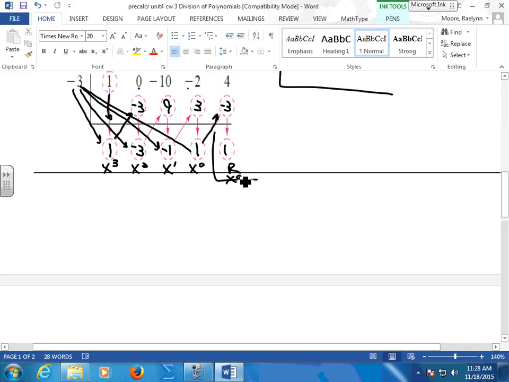So here's my answer. 1x cubed minus 3x squared minus 1x plus 1, and a remainder, we're just going to say, make this into a fraction, plus 1 over, I divided by, x plus 3. I like to put these guys in parentheses so it doesn't interfere with my remainder.